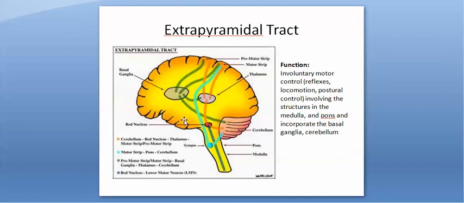Here, you don't need to know the tracts specifically, just know their general function. Okay, it's the involuntary control, reflexes, locomotion, postural control, and it uses all these structures to do that, all this background motion.